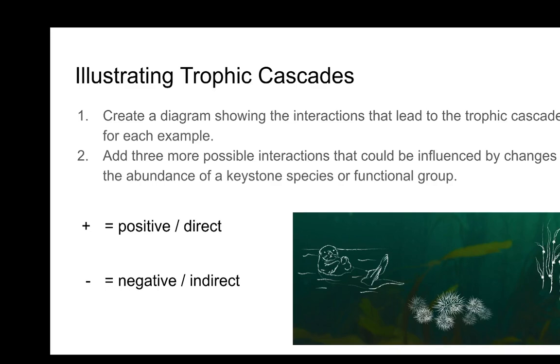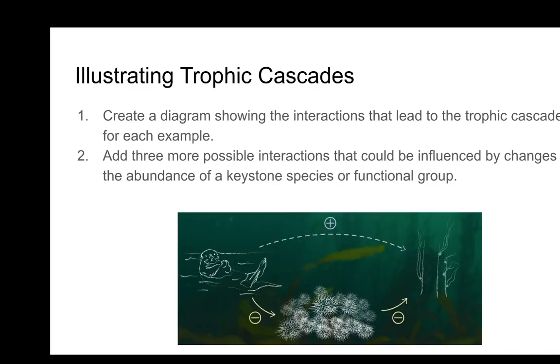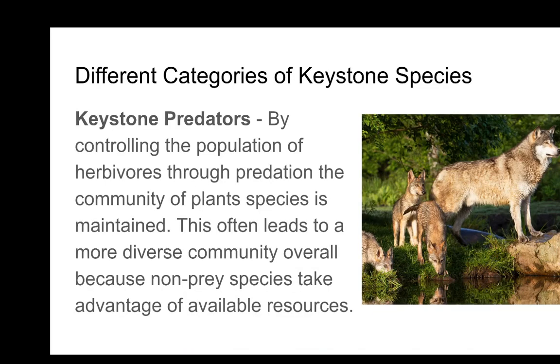And there are indirect relationships, and these relationships that are negative indirect, right? So an increase in urchins is going to cause a decrease in kelp, right? And so if you look across things that don't actually interact with each other, there can be relationships that are revealed as you think about trophic cascades, right? And so in this you see there's a direct relationship between the otter and the kelp. But again, you're going to learn more about that.